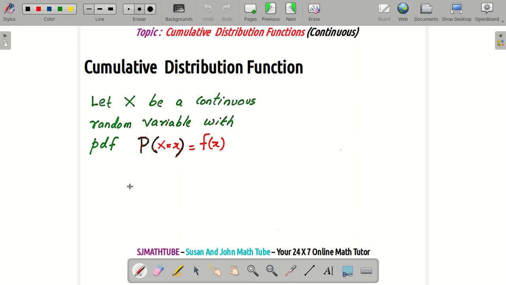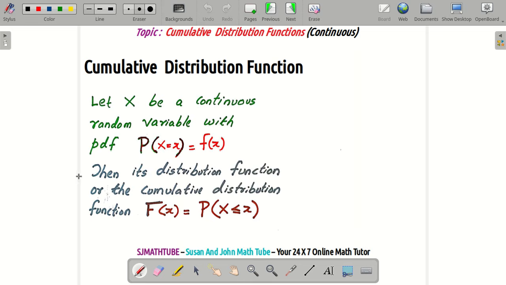So as always, let x be a continuous random variable and let our PDF be f of x. By this time I'm sure you know what a PDF is, the properties, the geometrical meaning, etc. The distribution function is nothing but you just accumulate, you collect all the probabilities from minus infinity to any number.